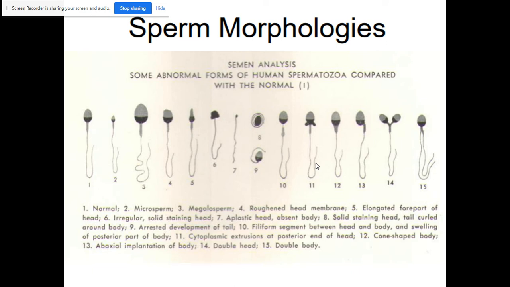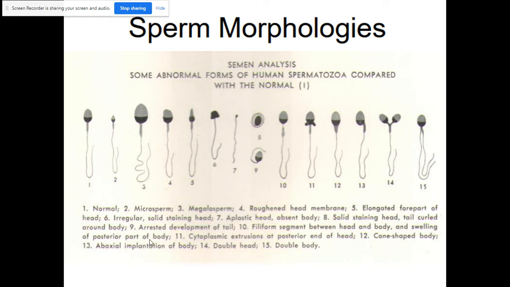The presence of many morphologically abnormal or immotile spermatozoa also correlates with infertility. As you can see, only one out of 15 survives. This is the normal. The others are abnormal. You can see a microsperm, a megalosperm with a big head, a microsperm with a small head, a roughened head membrane, and an elongated forepart.